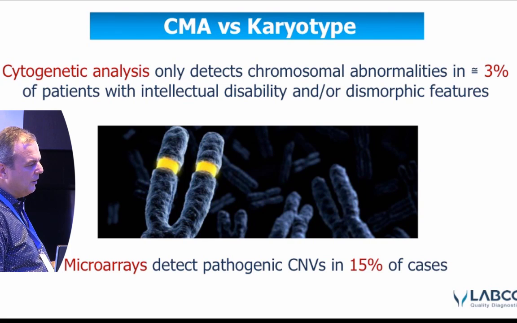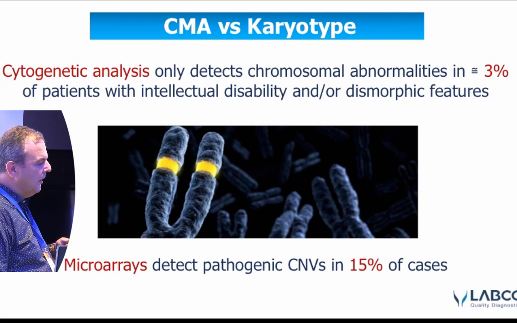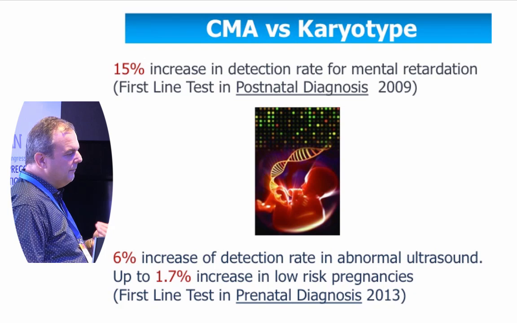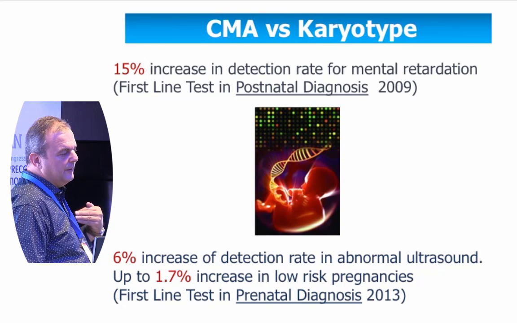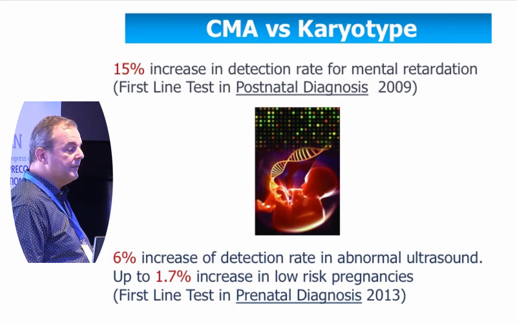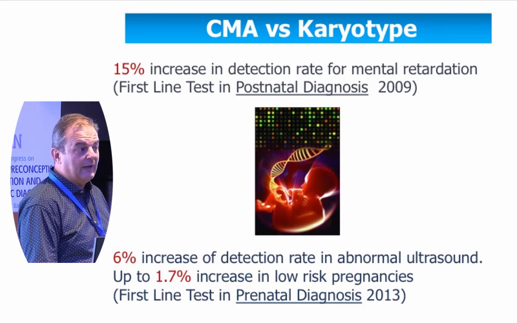It detects chromosomal abnormalities in about 3% of patients with intellectual disability and/or dysmorphic features, while using microarray, this has gone up to about 15% of cases, which prompted the use of chromosomal microarray as the very first test in these cases already since 2009.